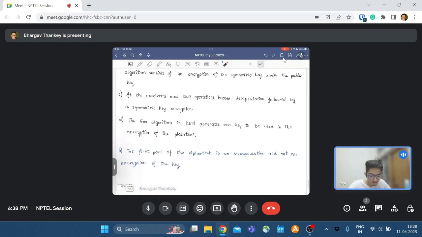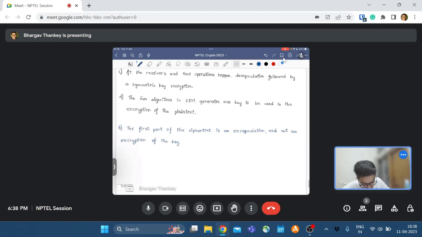Option C is at the receiver's end, two operations happen. Decapsulation followed by a symmetric key encryption. This is also false. The receiver performs decapsulation followed by symmetric key decryption.